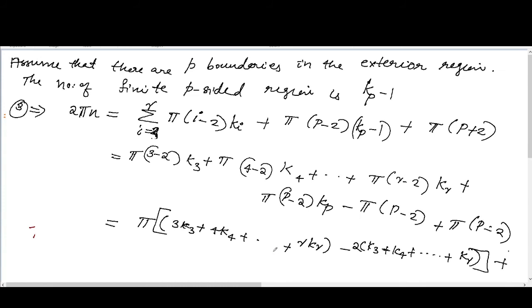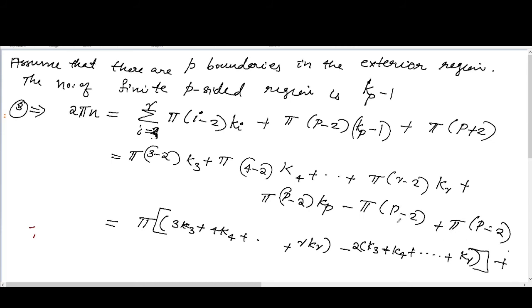Pi into kp, then pi into p minus 2. When you are adding these terms, you will have minus pi p plus pi p, that is cancelled.